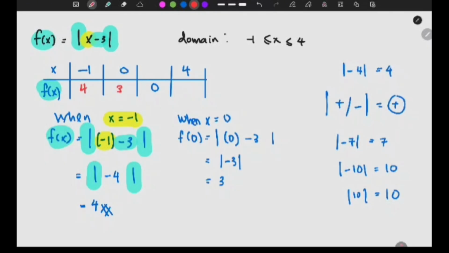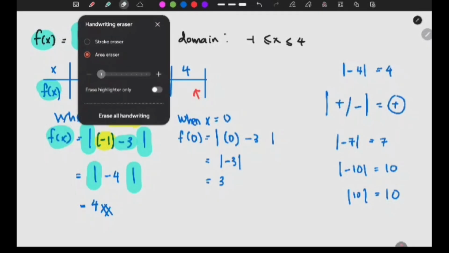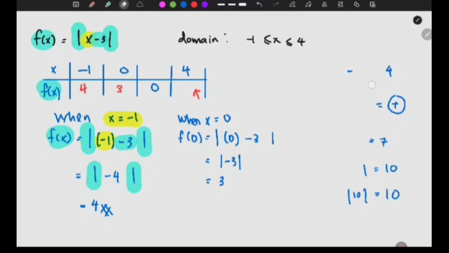So now, before I do this, I want to finish this one first. Let me finish all the bottom one. So when x is 4, what happened to my f(x)?